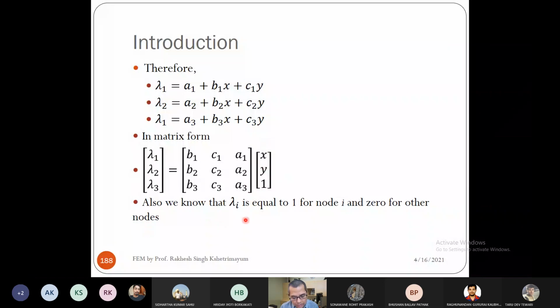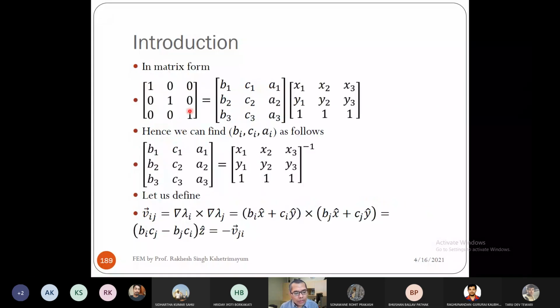We also know that lambda i is equal to 1 at node i, and for other nodes it is 0. That is the property of the simplex coordinates. Because of that property, we can find the following. When b1, c1, a1 is multiplied with the first column, we get b1 x1 plus c1 y1 plus a1, which equals 1.